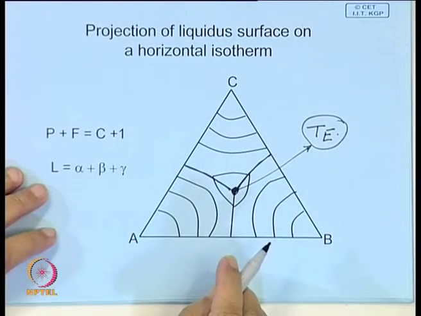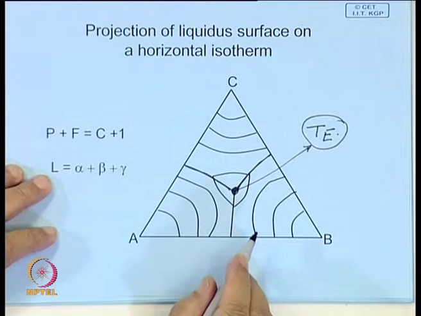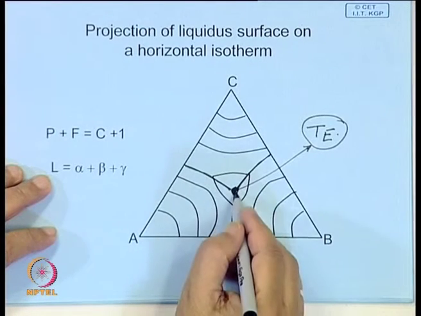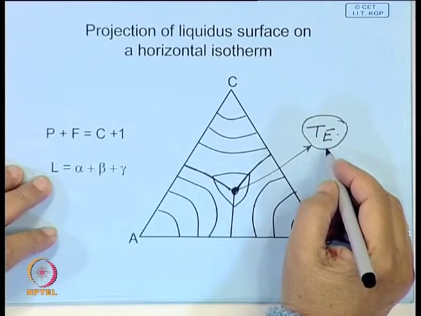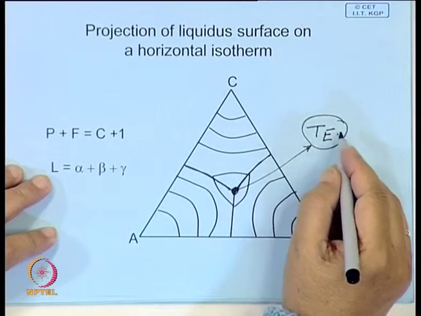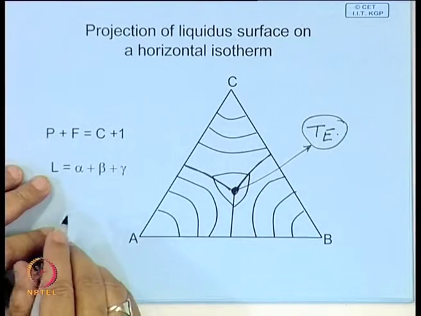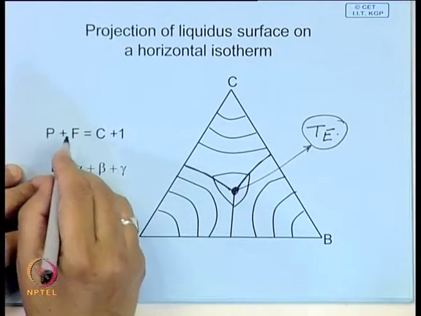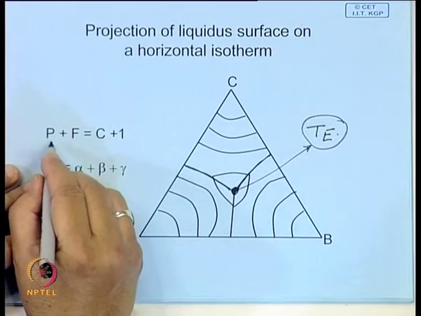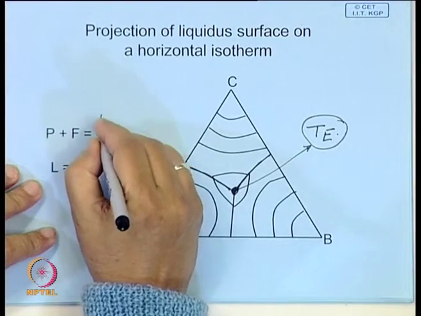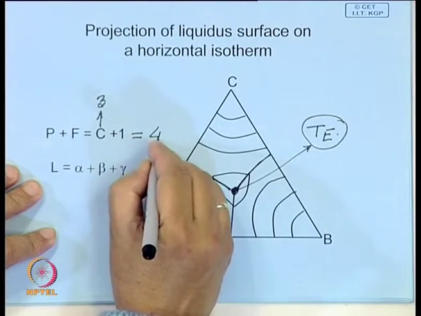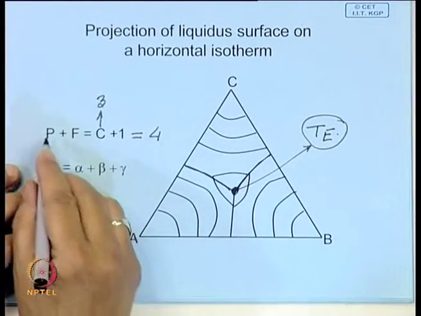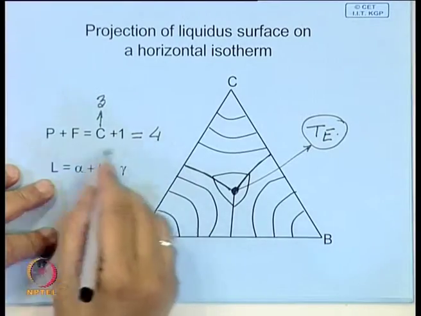Now, in a ternary eutectic, this will take place at a definite fixed temperature, and the compositions of alpha, beta, gamma will be fixed. Let us see what we get if we apply the phase rule. Here the number of components is 3. Now, how many phases are in equilibrium?